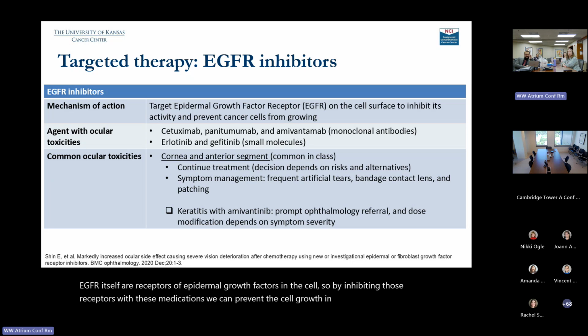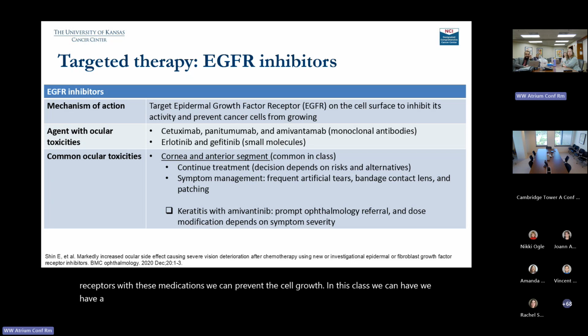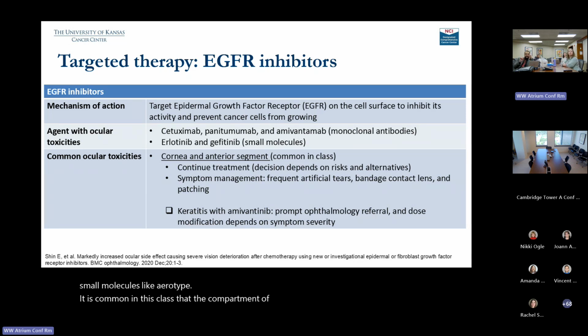In this class, we have monoclonal antibodies like panitumumab, and also small molecules like erlotinib. It is common in this class that the cornea and anterior segment compartments develop toxicity.